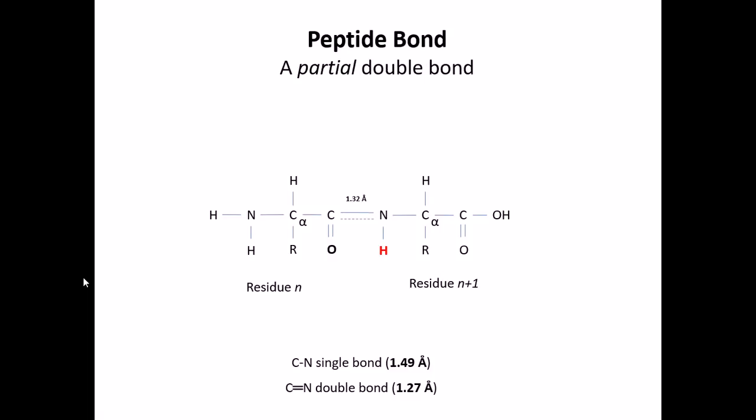The peptide bond has a peculiar character, though it looks like a single bond. As you could have seen in the earlier slide, the carbon's saturation has been attained, and the amino group's N has also been saturated by the bonds that are formed.